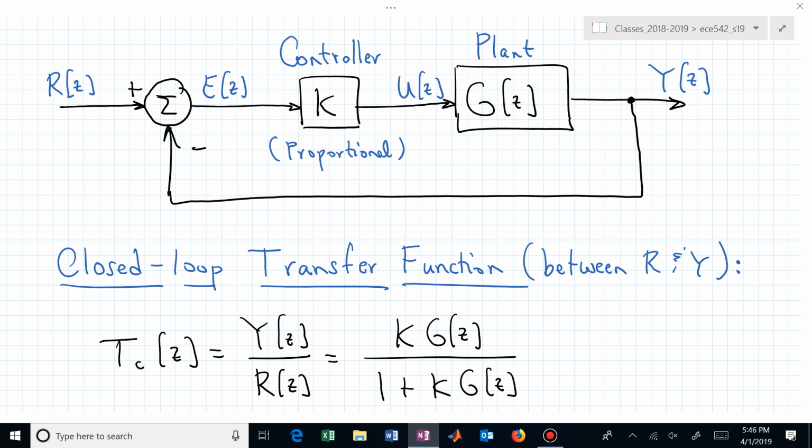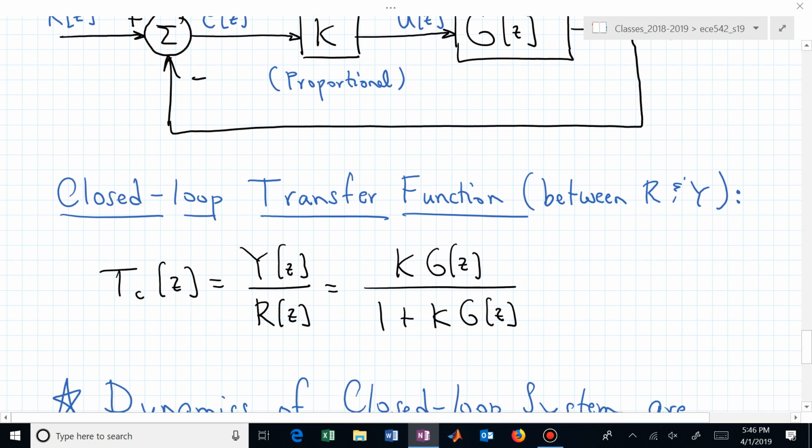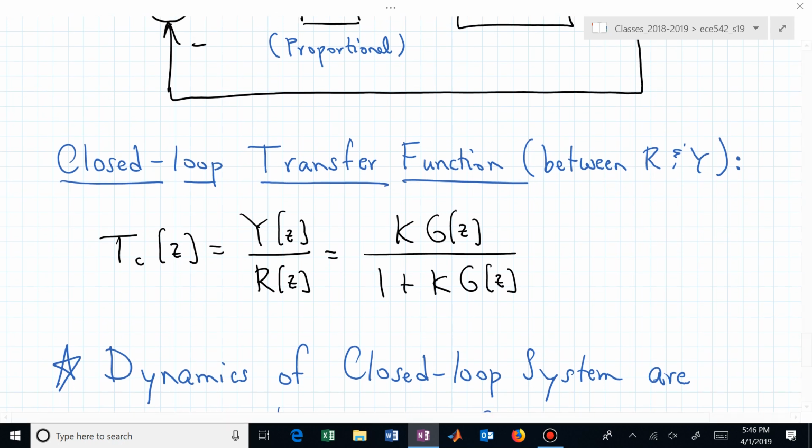Here's our transfer function, kg over 1 plus kg. kg over 1 plus kg. What influences the closed loop dynamics? If I gave you that closed loop transfer function and I said, what influences the dynamic behavior of that closed loop system, what would you point to?